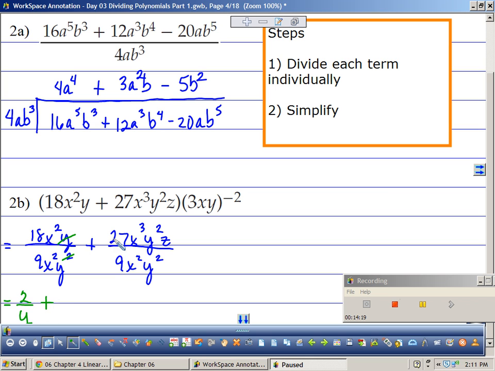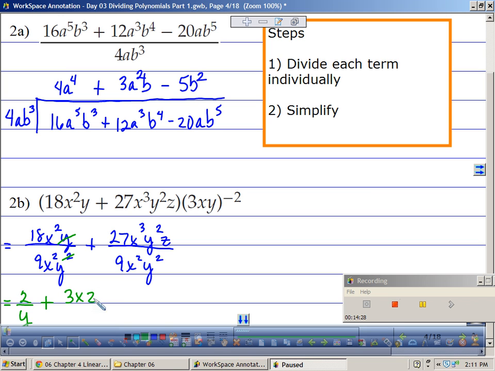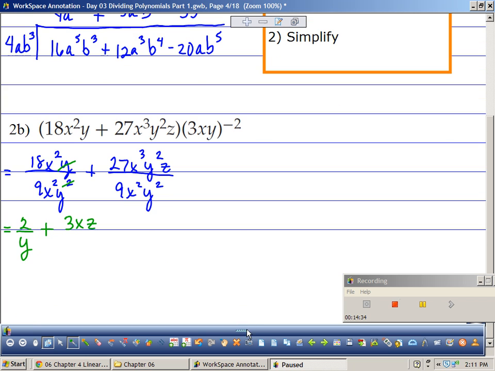Plus 27 divided by 9 is 3, with an x left over and a z, and we're done. Questions? 2 over y. How are you guys doing? Okay, let's move on. Ready to move on? Yes.